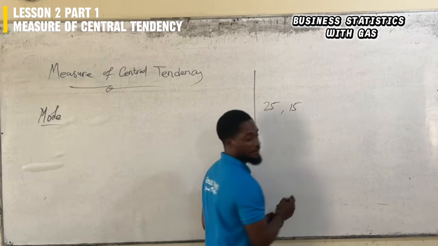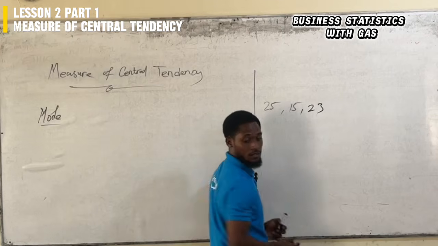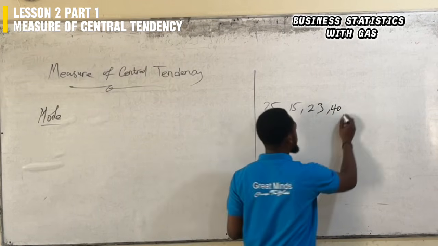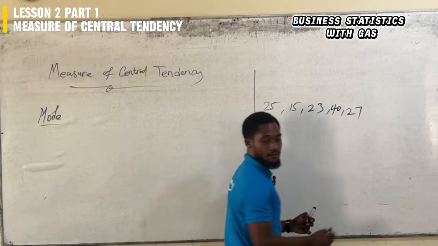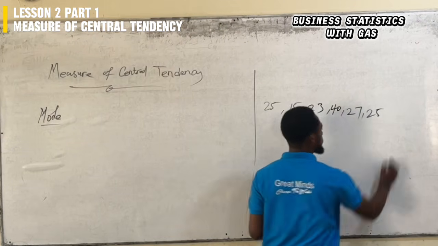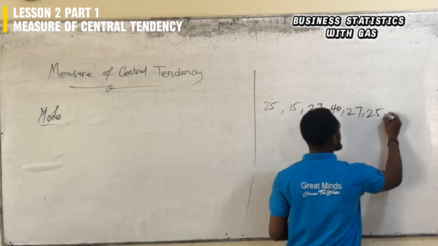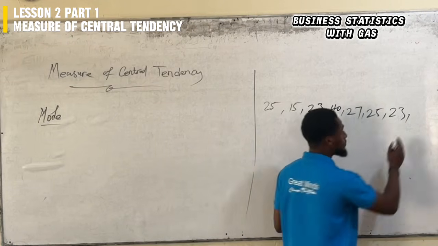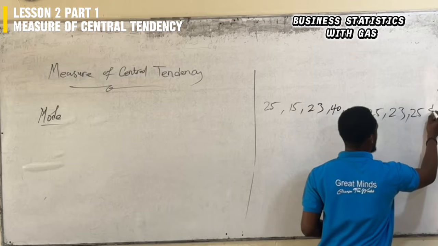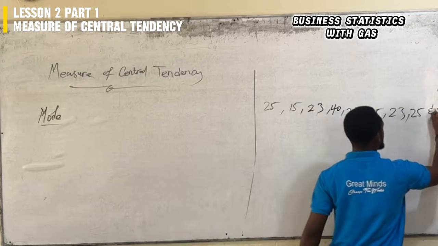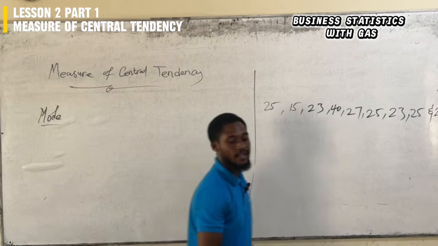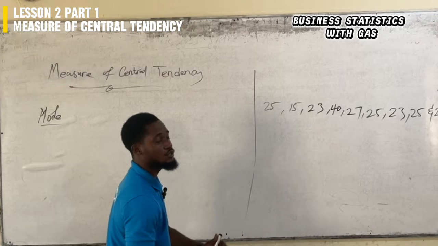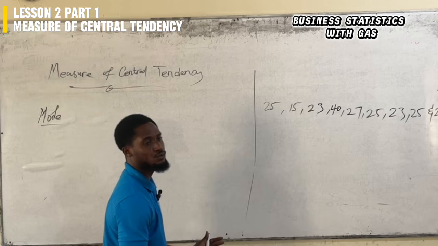So we have 25, 15, 23, 40, 27, 25, 23, 25, and 20. With this, there's no need for you to arrange from ascending to descending.